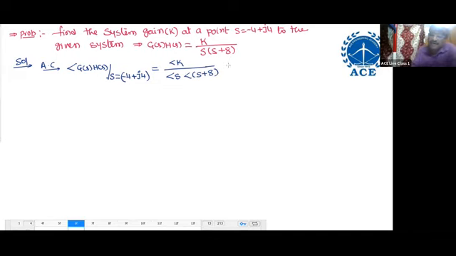Now substitute minus 4 plus j4. So angle of K by angle of minus 4 plus j4, and here we get 4 plus j4.